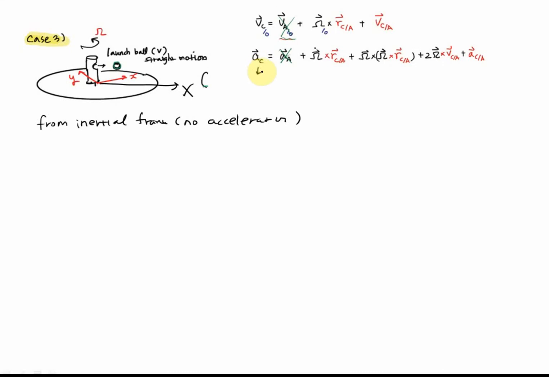That means this left term should be 0. And then we assume there's no angular acceleration. This one is 0. Right now, if I write down these equations, this is minus omega squared r_CA, and then 2 omega cross product V_A, and then a certain acceleration with respect to the rotating frame. This may not be 0 right now, okay?